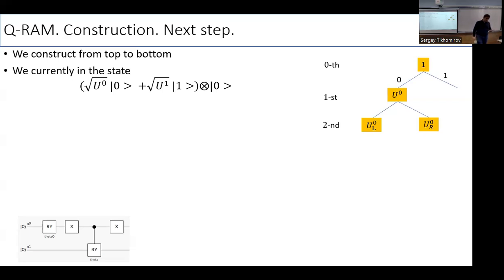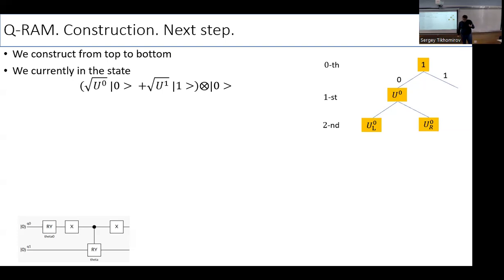Now I want to do the following. I look at the value U0. It is decomposed, so there are 2 leaves under it, UL0 and UR0. UL corresponds to 0, and R corresponds to 1.